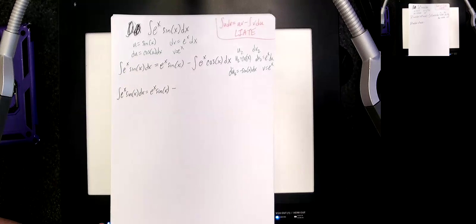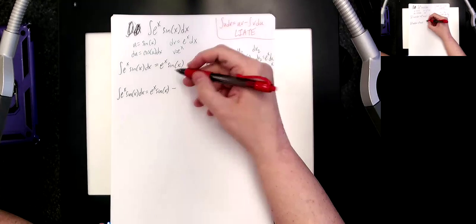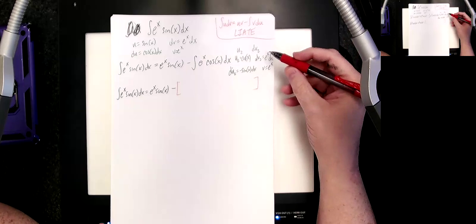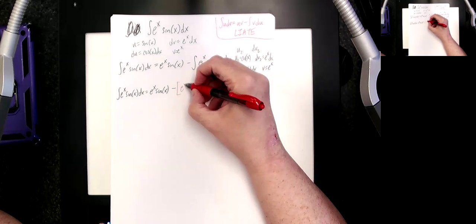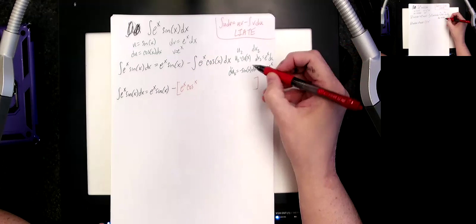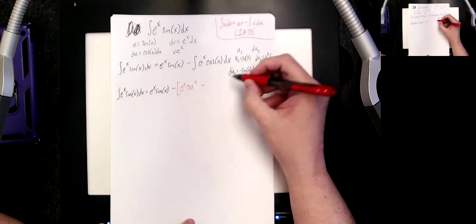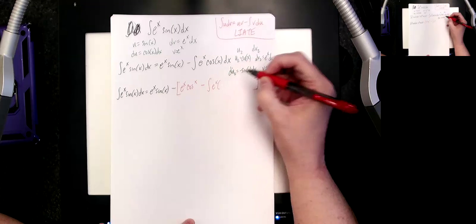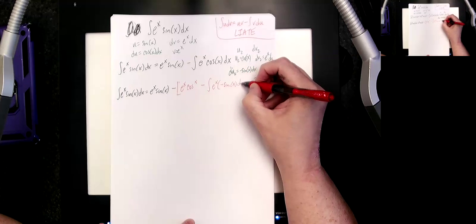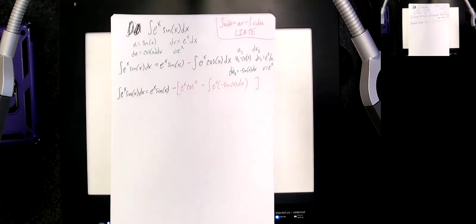And I have a minus, so I'm going to put this in parentheses. We're doing u2 v2, e to the x cosine x, minus the integral of v du, which is e to the x negative sine x dx. So that's my uv minus v du.